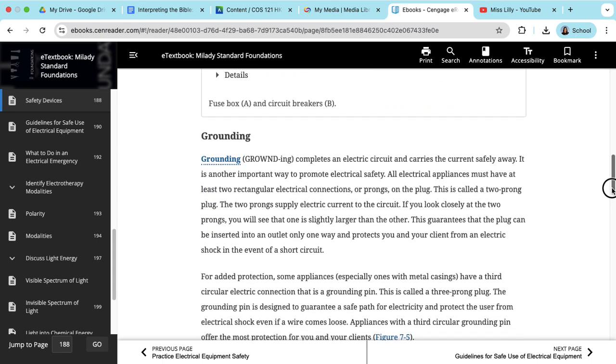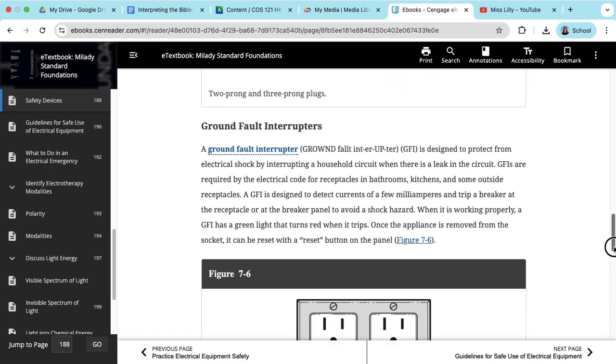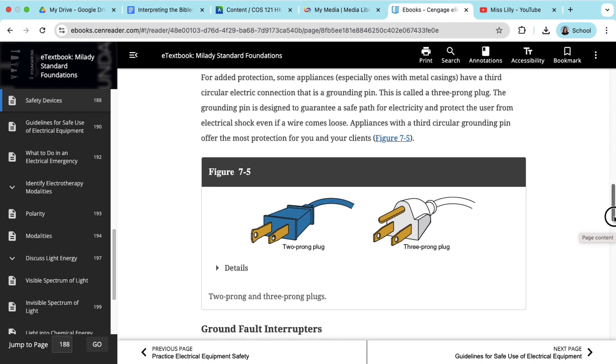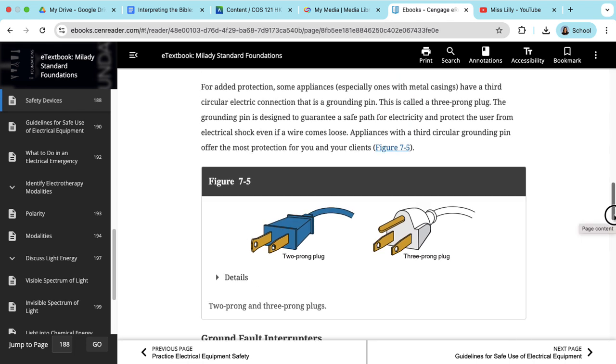Grounding. Grounding completes an electric circuit and carries the current safely away. It's another important way to promote electrical safety. And here we have a 2-prong plug and a 3-prong plug.